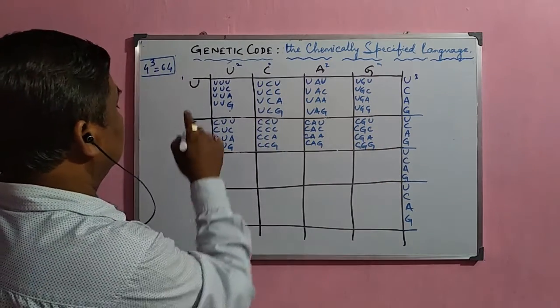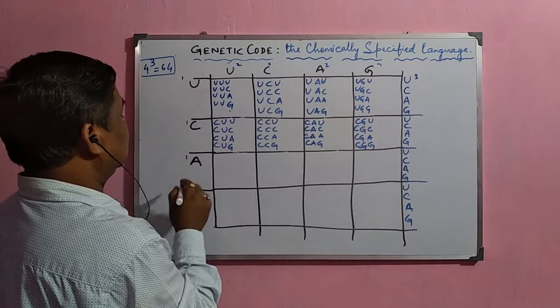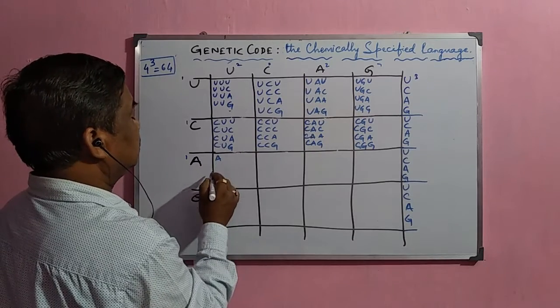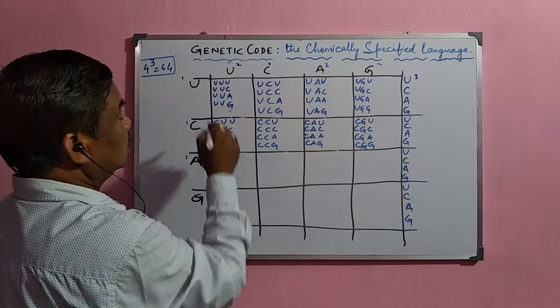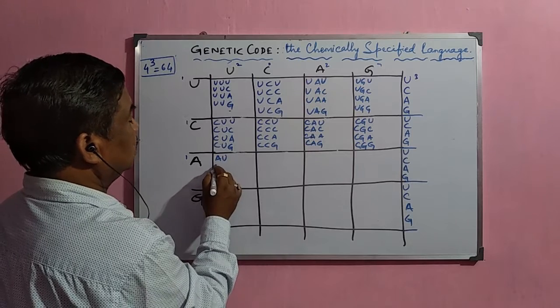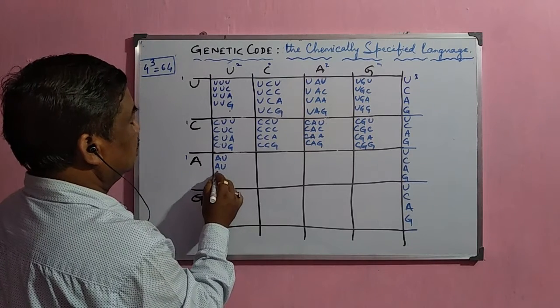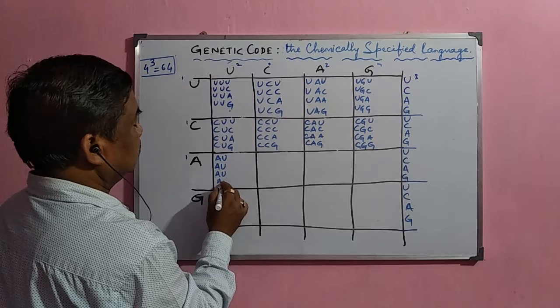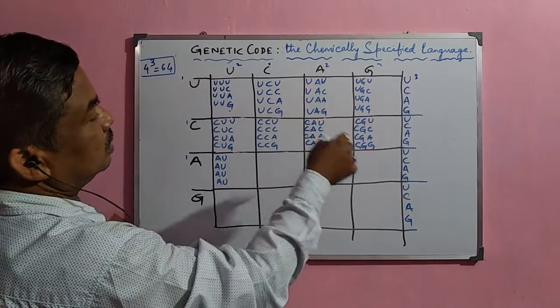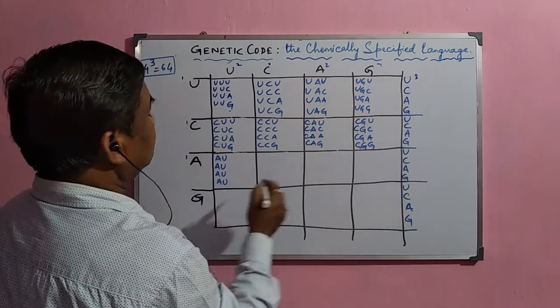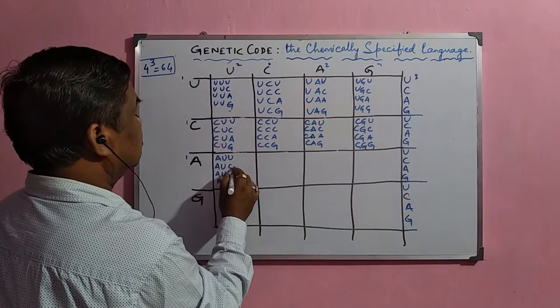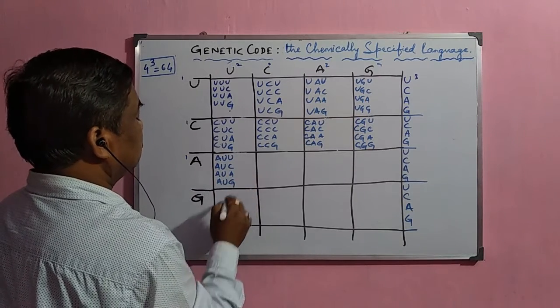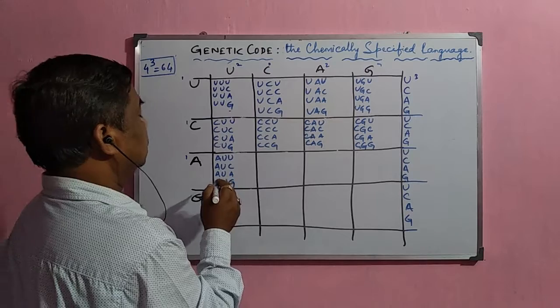Now in the third row, the first one is A, then the second one is U, so it is AU, AU, AU, and AU. Now the third one is U, C, A, and G. And in this case, what happened?